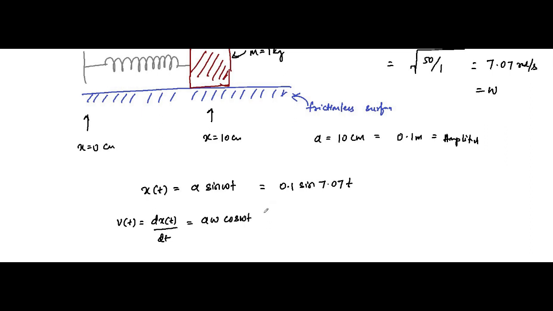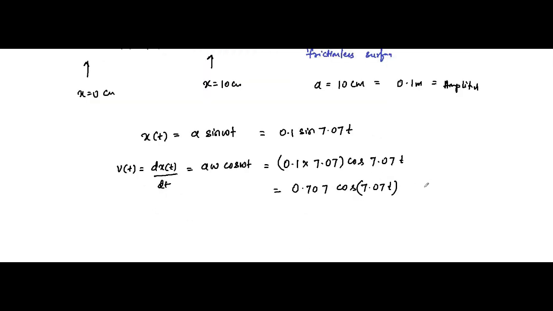So this will be equal to A omega, which is 0.1 into 7.07, cos omega t, cos 7.07 t. So that is equal to 0.707 cos 7.07 t. This is the velocity function, v(t), and this is the displacement equation, x(t).